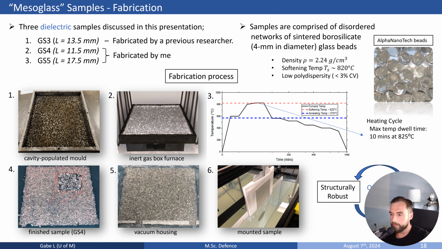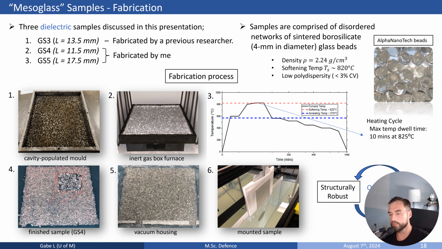Once the sample is done, we put it into a vacuum housing, mount it onto a steel rod, and lower it into the tank. The optimal sample will be able to withstand the handling that's required to put it in a vacuum housing, mount it onto a steel frame or a plastic frame, and then the rod.